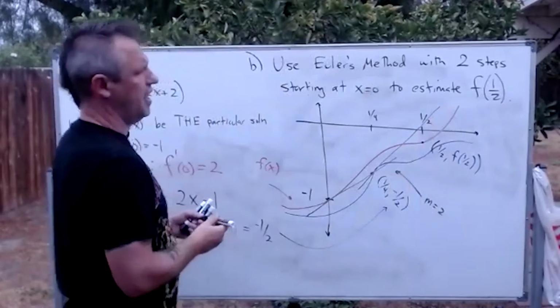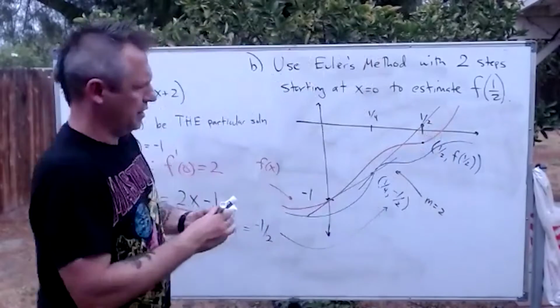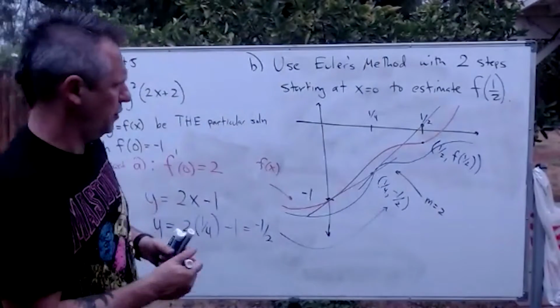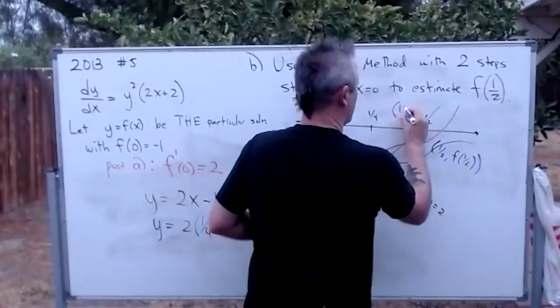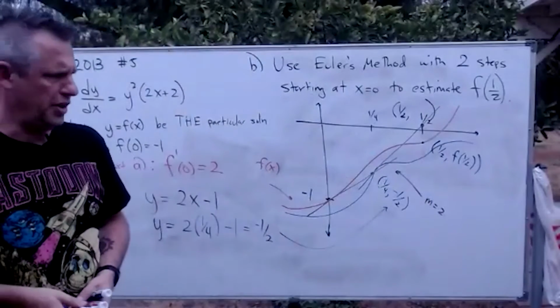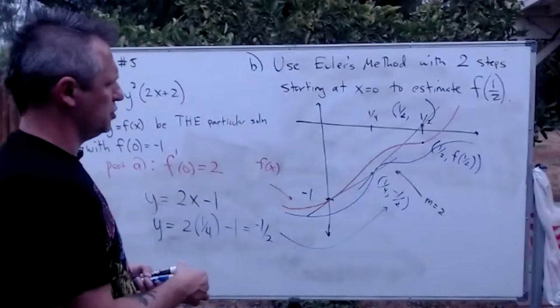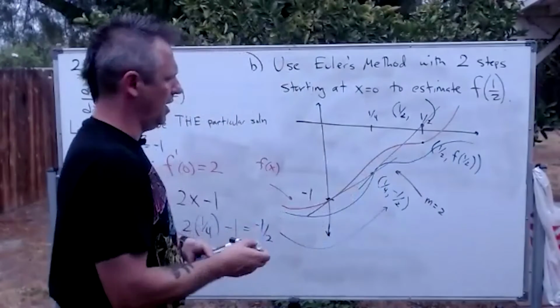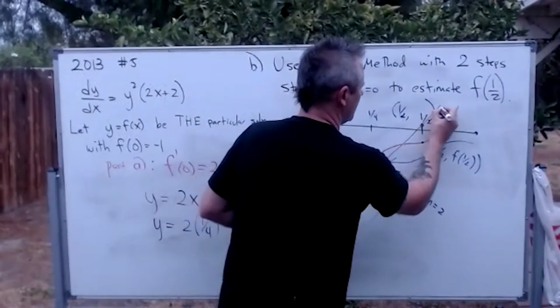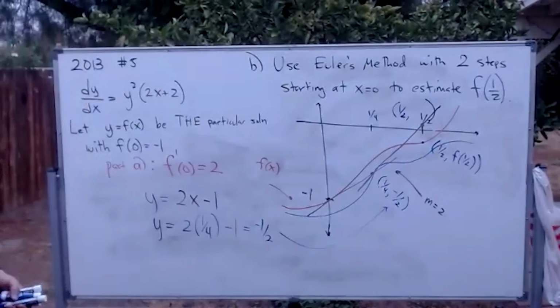And we're going to attempt to find this point right here, which is (1/2, our estimate to f(1/2)). Okay, cool. So all I have to do is find the equation of this new line that we found here. Okay, so let's see if we can do it.